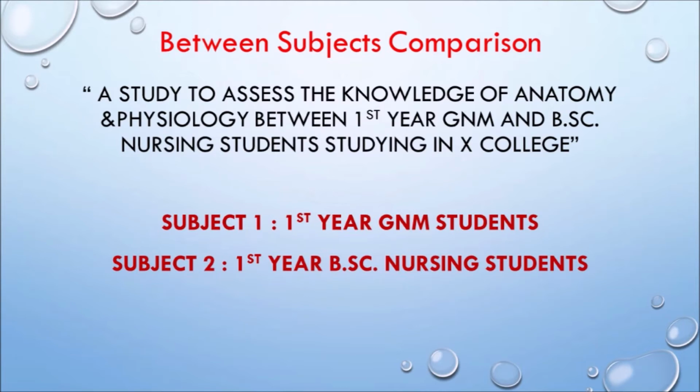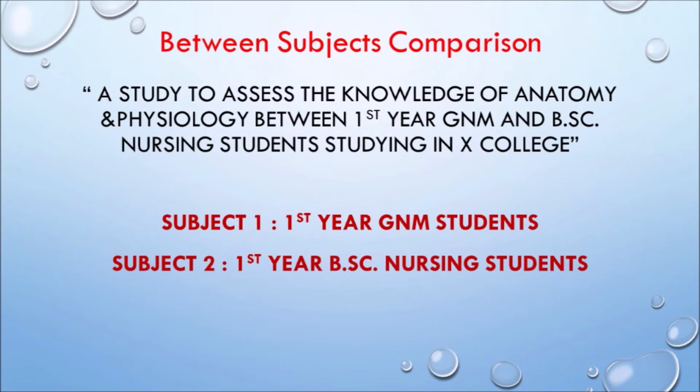In such a study, we find two groups, that is first year BSc nursing students and first year GNM nursing students. Here, the investigator wants to compare the knowledge of anatomy and physiology between these two groups of students. This comparison between the subjects is said to be a between the subject comparison study.